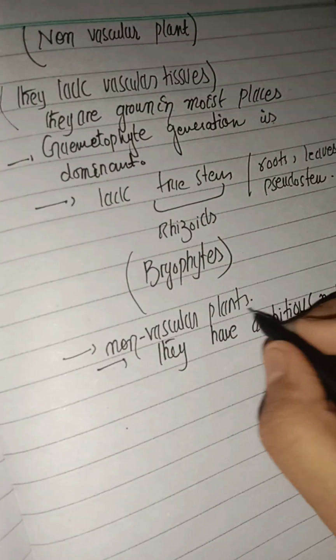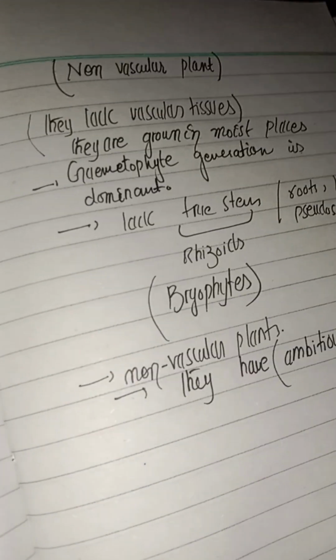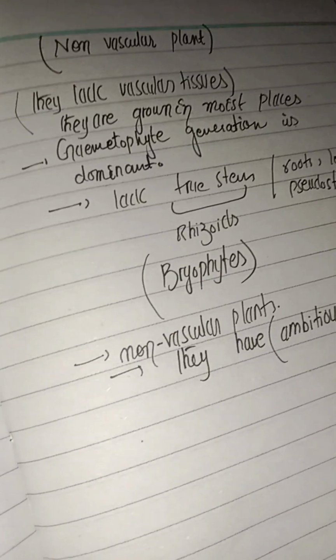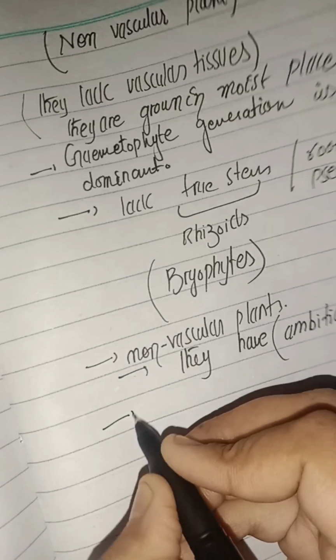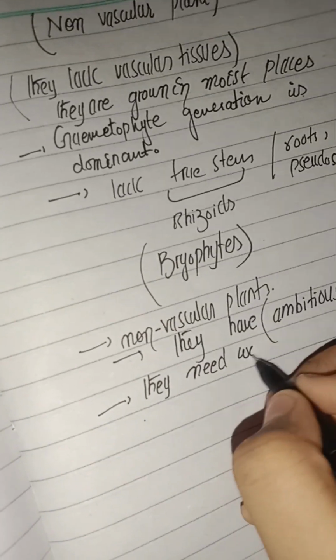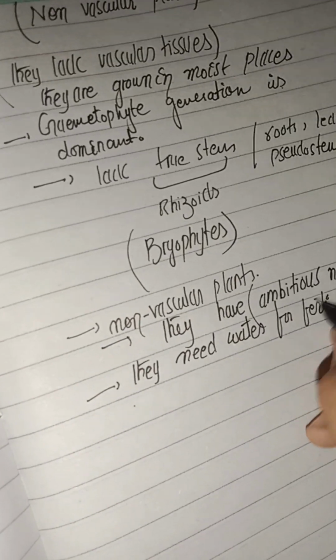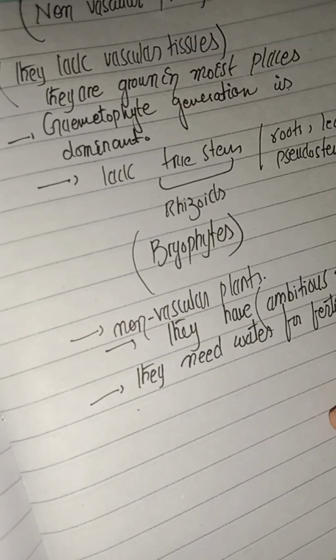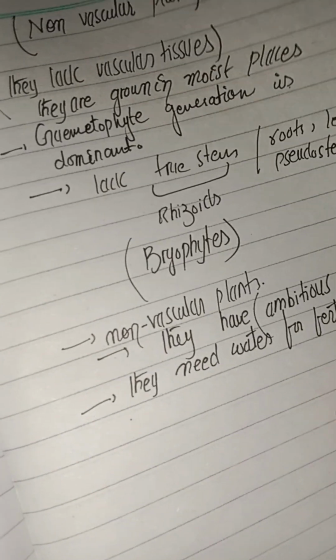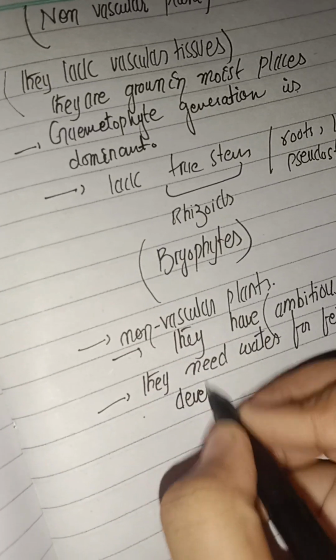What does it mean by the amphibious nature? Because they need water for fertilization, development, and existence.